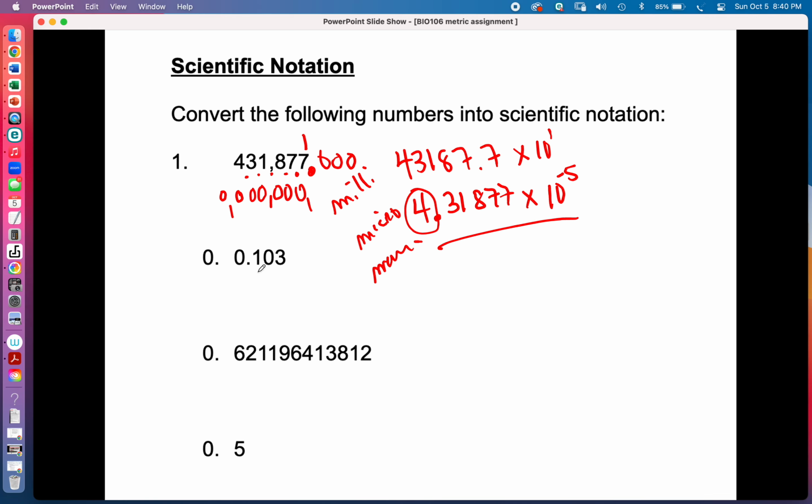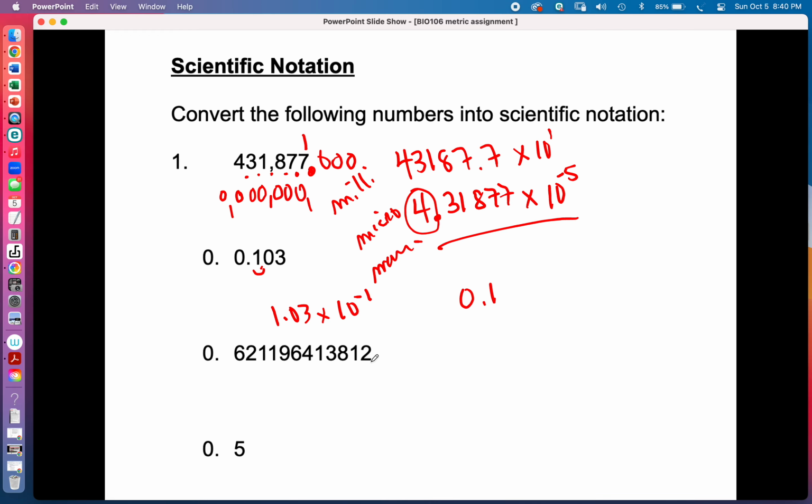So for example, this one, we just want to move it over here, and this would be 1.03 times 10 to the minus 1. So less than, not more than. And so we just move it over one decimal point when we multiply that through. 10 to the minus 1 can be written like that, 0.1.